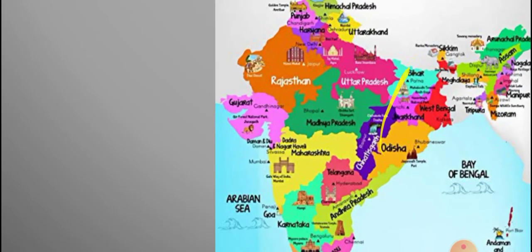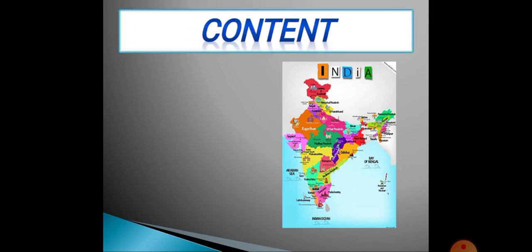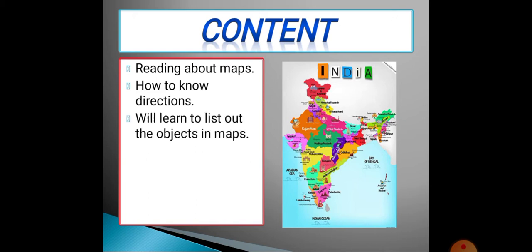Let's say if you look at Telangana, you see Hyderabad, you see the Charminar. So these are how maps are and these are the symbols used on maps. What do we learn in this lesson? We read about maps, then how to know the directions, then we will be listing out the objects that we do on maps.